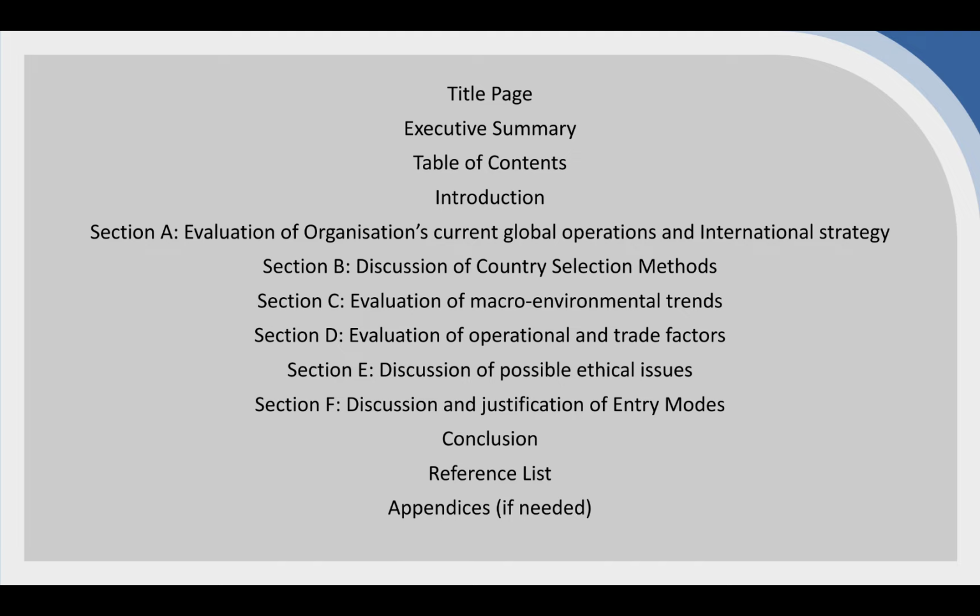Once you've done sections A, B, C, D, and E, then I think you've kind of justified the national market. Then you can move on to discuss and justify the use of a particular entry mode. Now, this makes most sense for something like scanning. If you're going to use Uppsala or indeed OLI, then you may want to move section F to incorporate the discussion of entry modes into the country selection method.